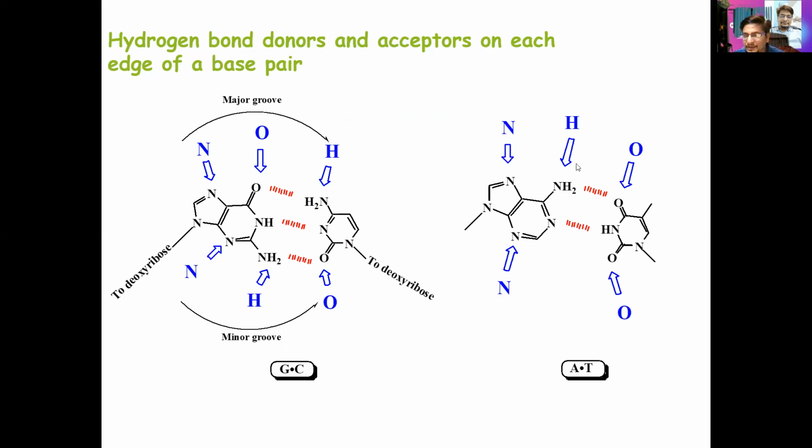This is how it is going to be. Look at in the case of AT, NHO and NO, and one NH2 group is going to be missing over here. So there will be no H here on the AT. So they form just the 2 hydrogen bonds, and here they form the 3 hydrogen bonds. And keep in mind, this is about the Watson and Crick pairing, not about the Hoogsteen geometry.